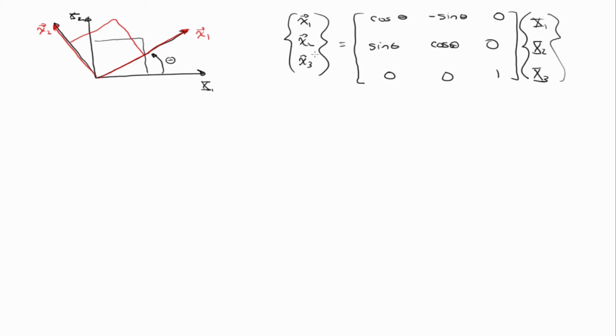So, I just wrote it right in matrix form, but everybody knows how I came up with that, right? I'm trying to express little x1 in terms of big X1 and big X2. So I have here the cosine of the angle.